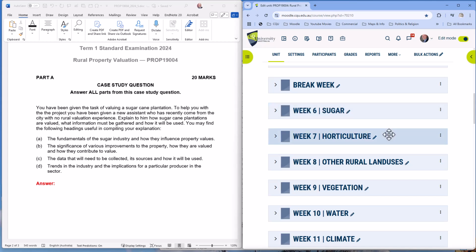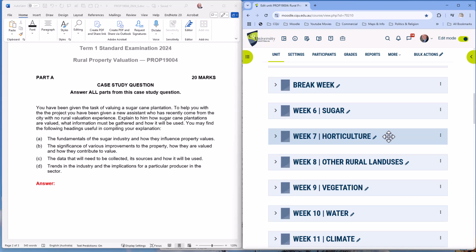Horticulture is probably the most intense rural land use, and deserves attention, because if you go down to the supermarket, you'll see a surprising proportion of what we eat comes from the horticultural sector.